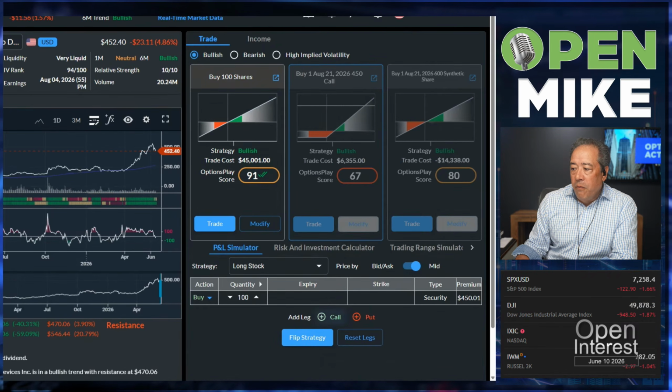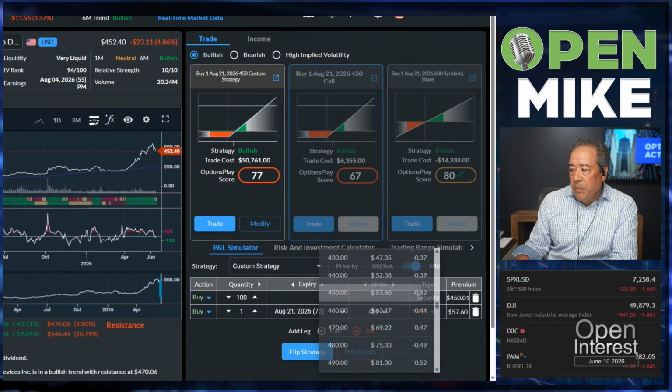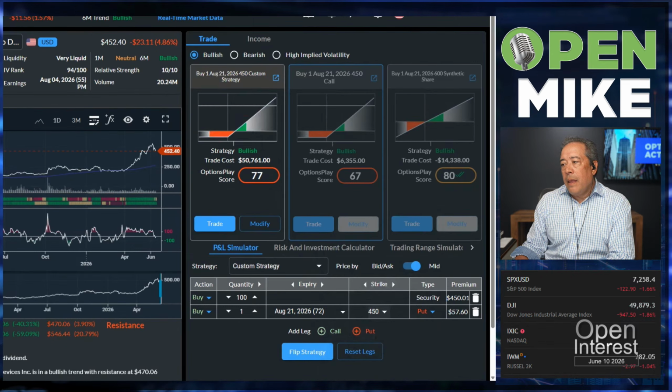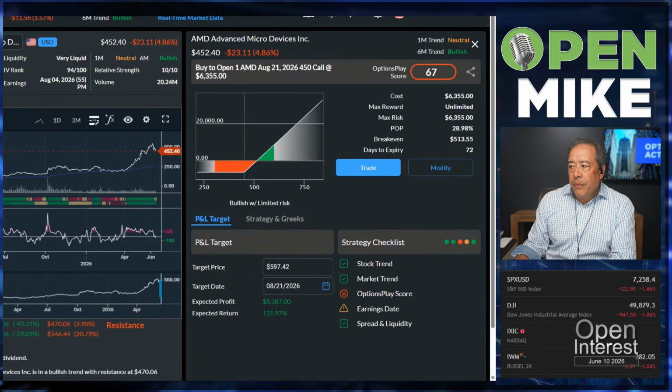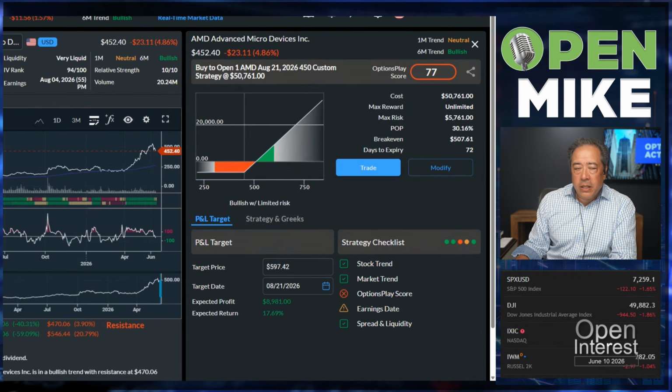If I add a 450 put to this, what do you think happens? So I add the 450 put, and lo and behold, I have essentially the same thing. The August 450 call is synthetically equivalent to the August 450 put plus stock.